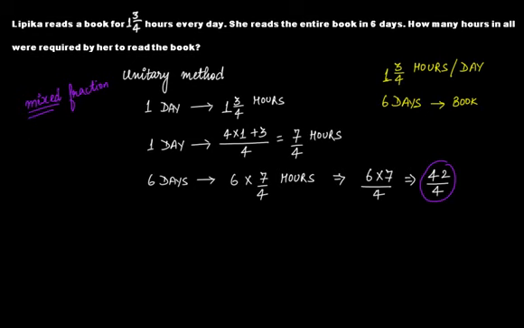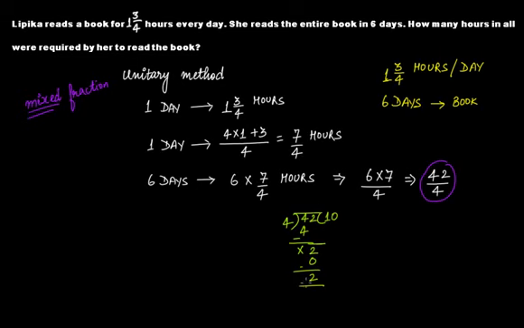If we divide 42 by 4, you'll get 10, then subtraction, the remainder is 2.